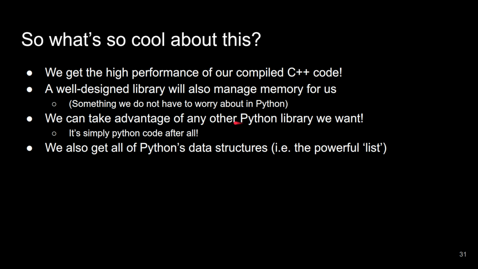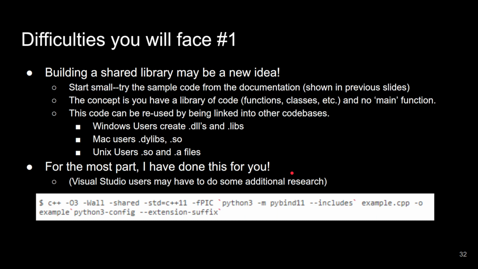We just simply take advantage of that fact, which makes things really simple to use in Python. Then we get all of Python's data structures. If you're used to programming in Python, maybe you missed that in this class, but you get the list data structure, dictionaries, and so on.